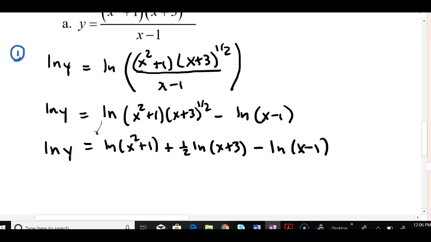Now, for step 2, we want to differentiate both sides with respect to x. So d/dx of the left side, and d/dx of this whole side here.